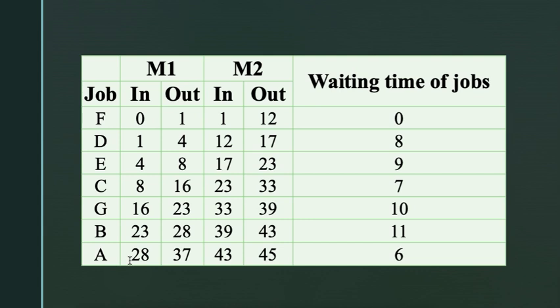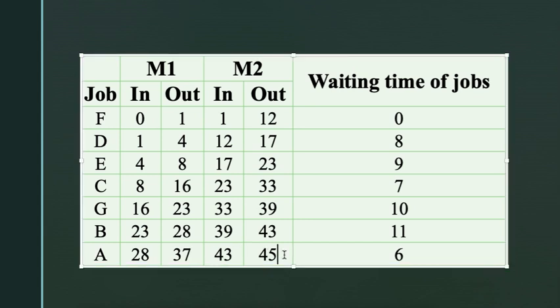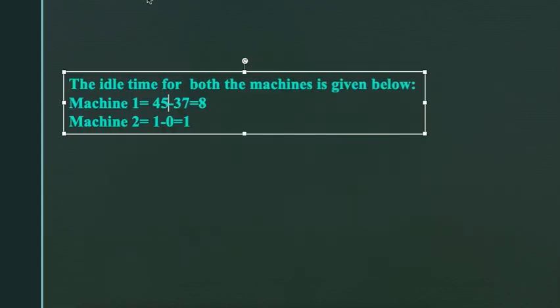But job A is getting over by 37 hours on M1, while the process of job A is getting over by 45 hours. Am I right? That is why 45 minus 37 is 8 hours here for machine M1, right?